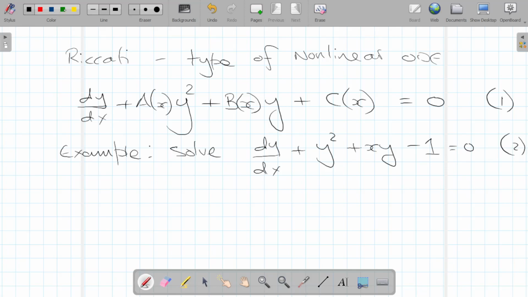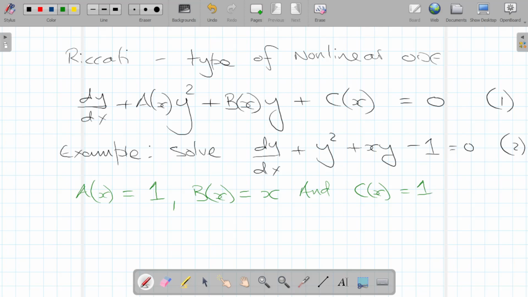Note here, we see that a of x, we could have just called it a really, but a is a function of x. So a of x is equal to 1. b of x is equal to x, and c of x is equal to 1. Now I'll just go over that again.